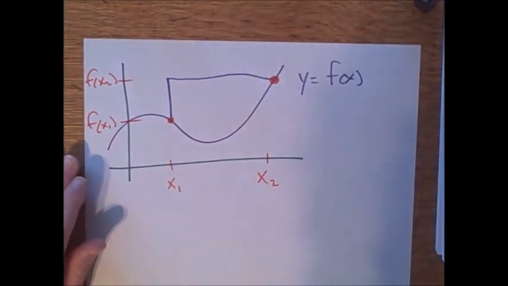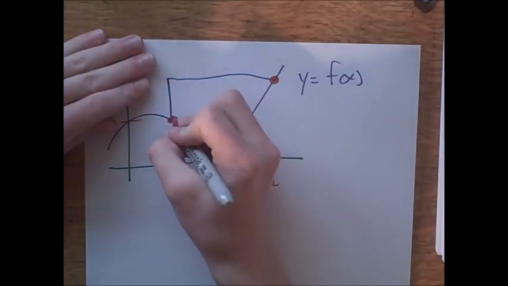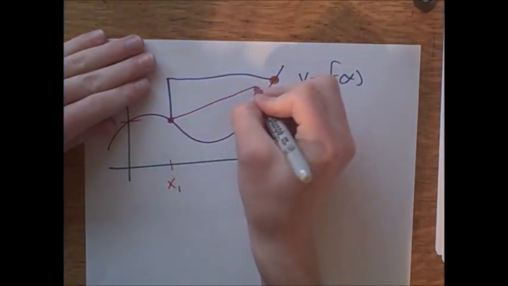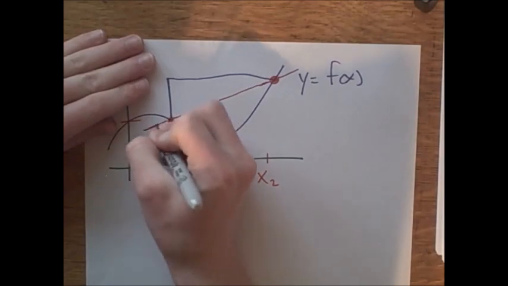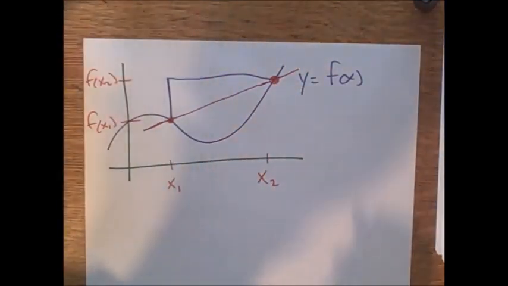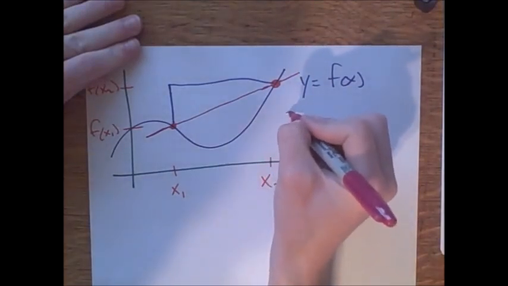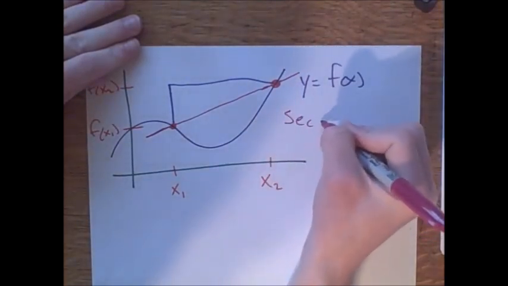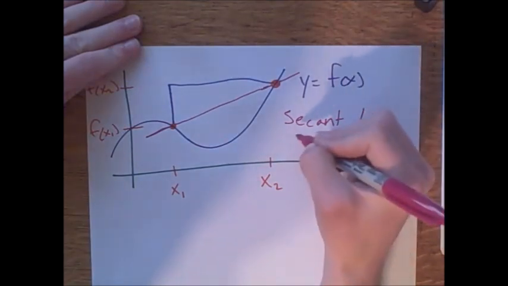And I'll just draw that out right now. And this line right here that I just drew is called a secant line.